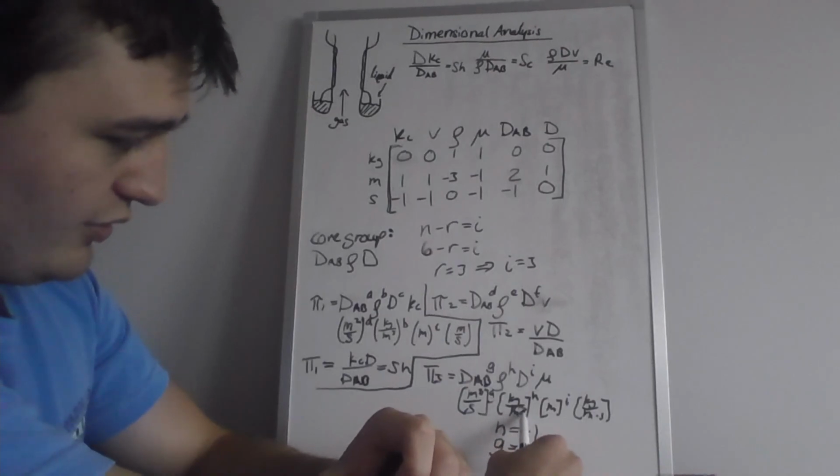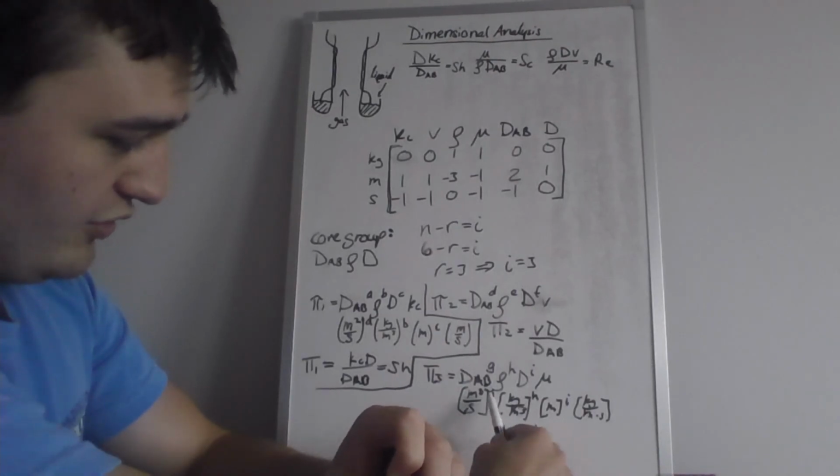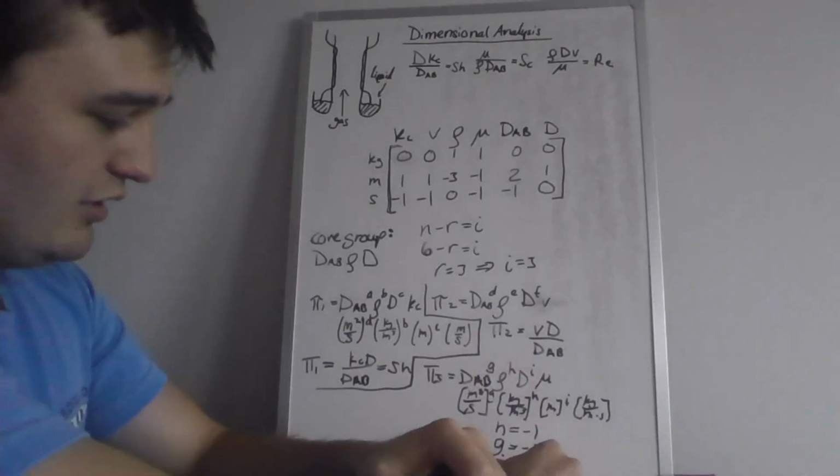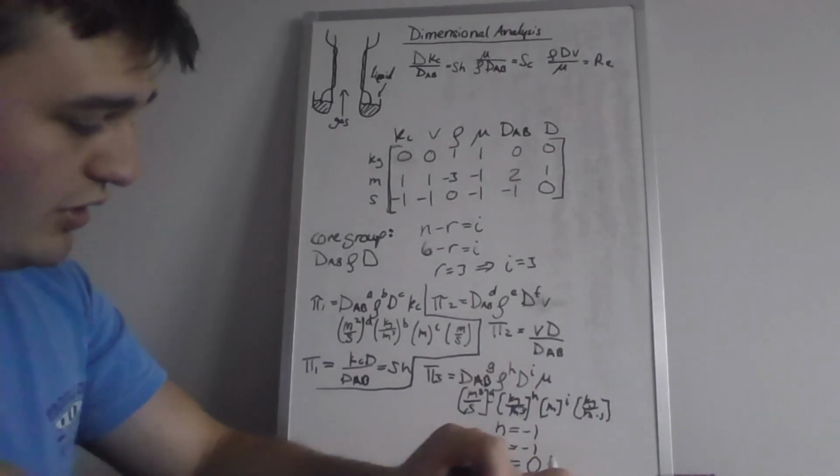So we have 3 go to the top from there, and 2 go to the bottom there, so we have 1 on top, which is exactly what we need. So I should be 0.